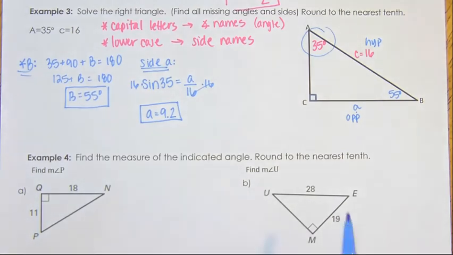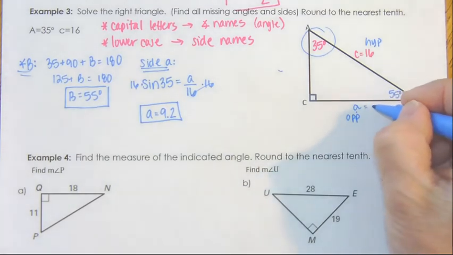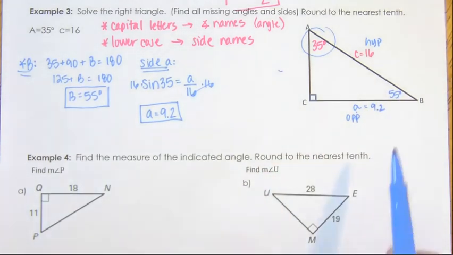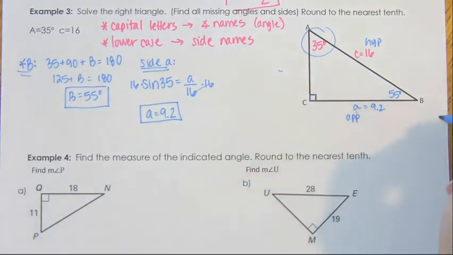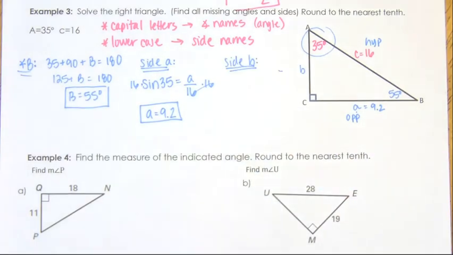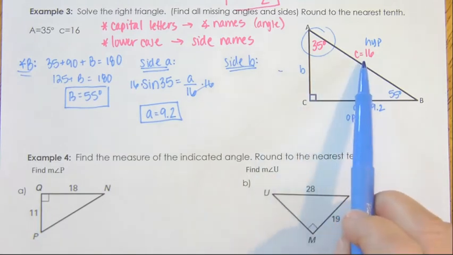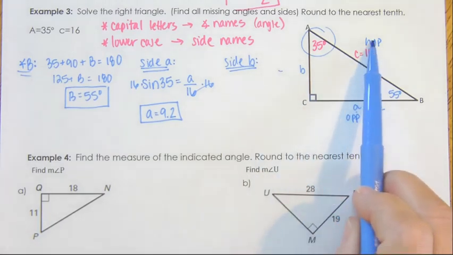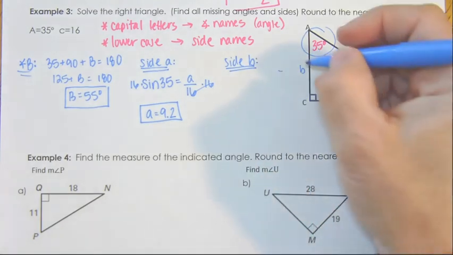All right, we're still missing this third side right here. So I know that now A is 9.2. Keep in mind that was a rounded side. You could do Pythagorean theorem to find the missing side. I'm going to do trig again just because my answers are going to be a little bit more exact. So I'm going to look for side B, because it's across from angle B. I'm going to use the given, that's why I did those in pink. I was given that this is 16, that's the hypotenuse. I know this angle is 35, and this is the adjacent side.